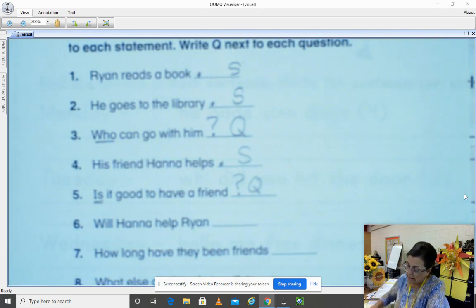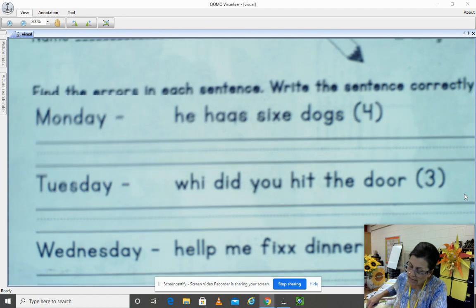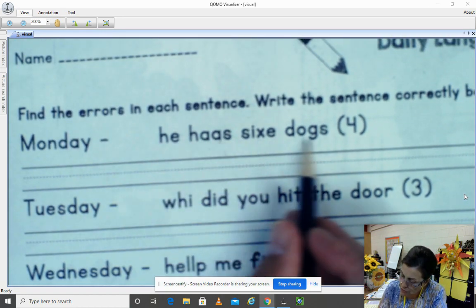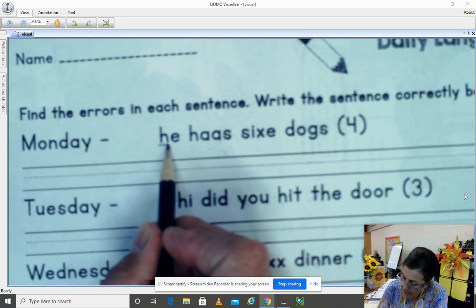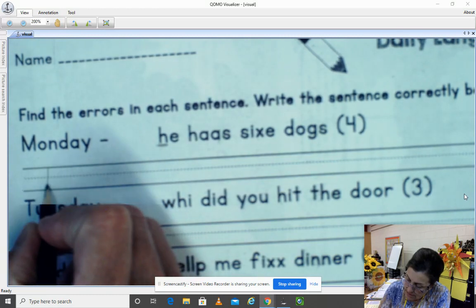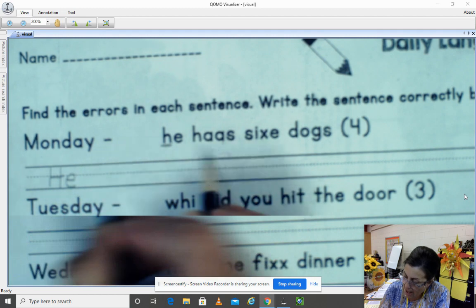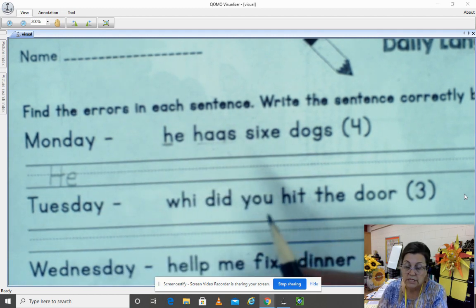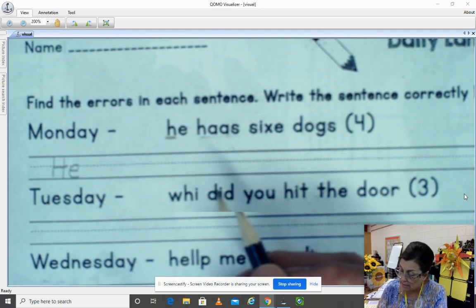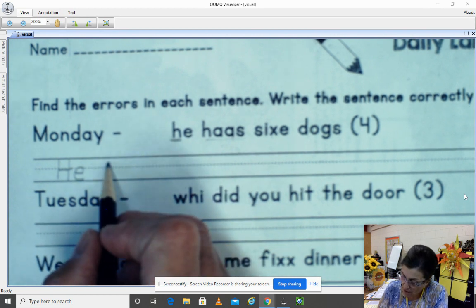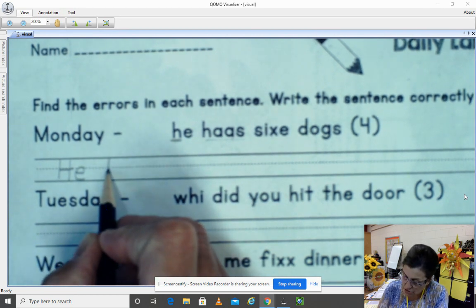So in your packet and on your daily language, so Monday, these are the words you were given. So right away, I see that the sentence did not begin with a capital letter. So you want to do that. And then this is one of our spelling words. And if you wrote them 3 times on Monday and you've been practicing them, you know that there are not 2 A's.